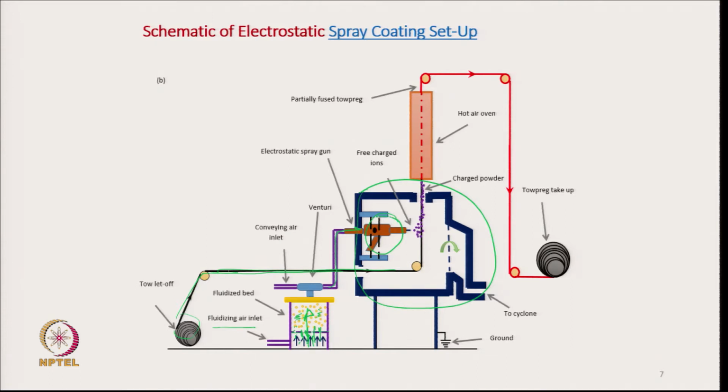And in this spray gun the particles are charged with the corona discharging system, and this charged particle is coming out from the spray gun and deposited on the carbon tow, and at this point the attraction force is very low.